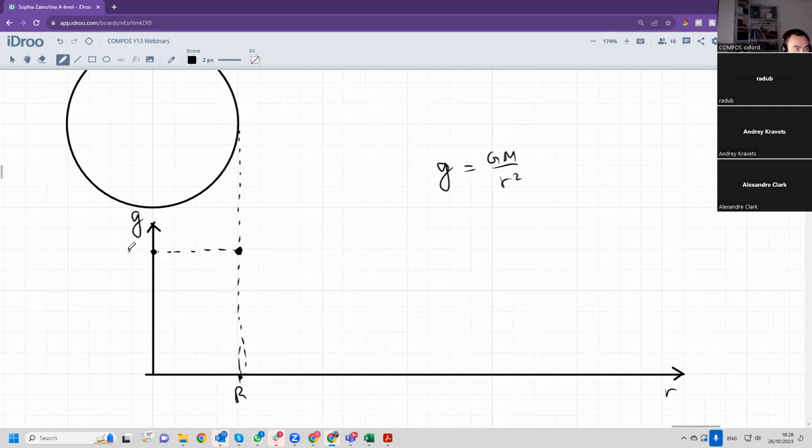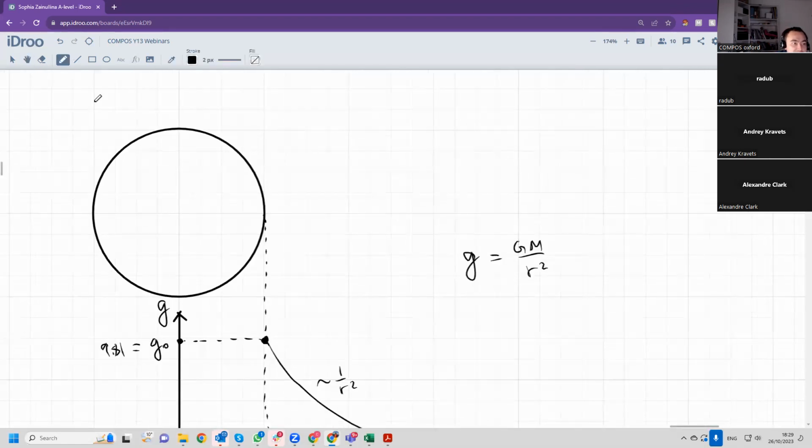Let's call it g0. And as you go away from the Earth, it behaves as 1 over r squared. It's proportional to 1 over r squared. Can somebody tell me what the gravitational field would be if you are at the center of the planet?